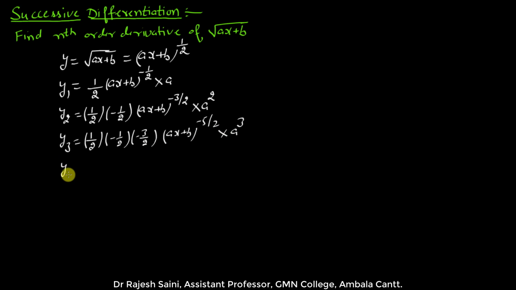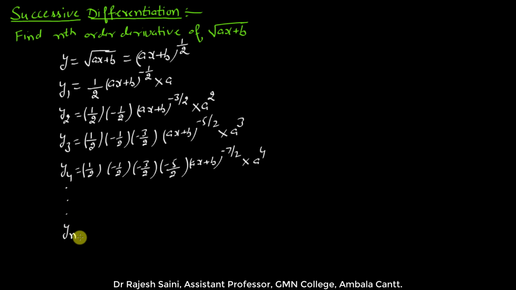Differentiate one more time: 1 by 2, minus 1 by 2, minus 3 by 2, and minus 5 by 2. It is ax plus b raised to the power minus 7 by 2 into a4. Okay, now we'll try to generalize and see what will be nth order derivative.